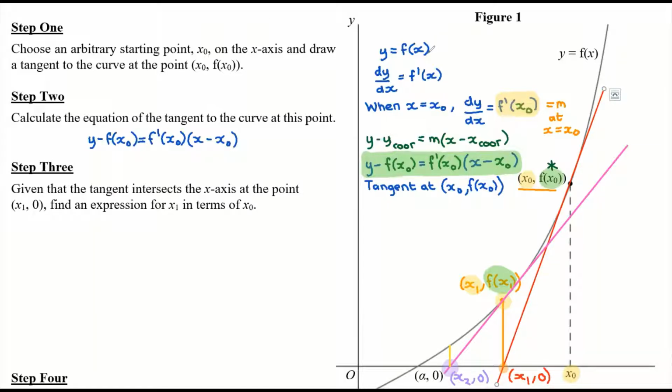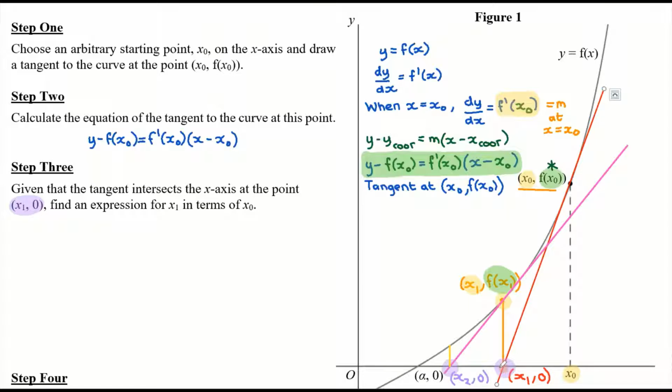So we've got a point on the curve. Now, this point x1, 0 that I've got written over here in step 3, we know this point lies on the tangent because it's the point of intersection of our first tangent with the x-axis.